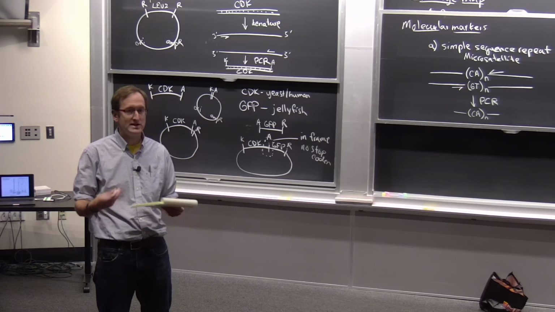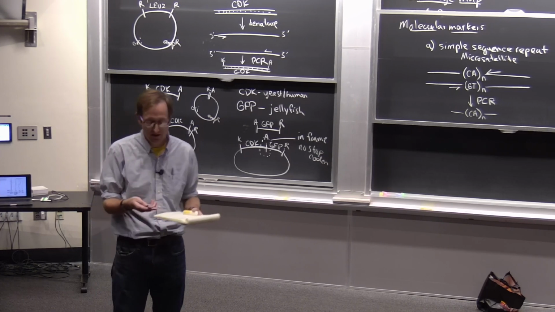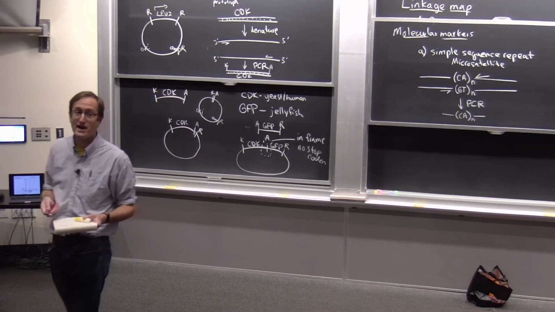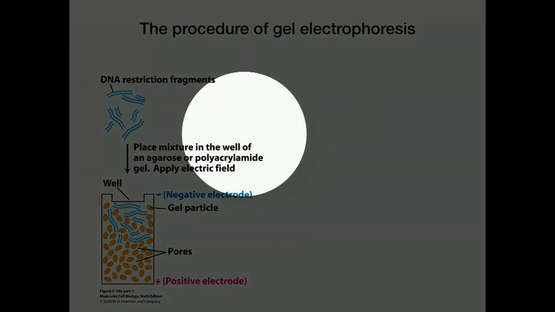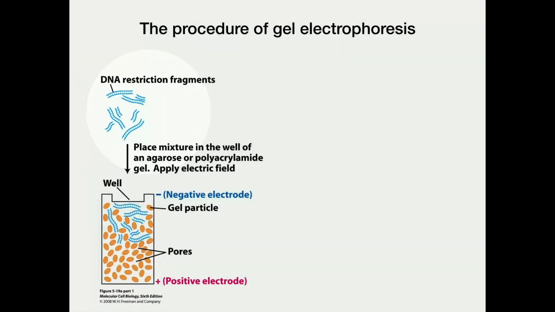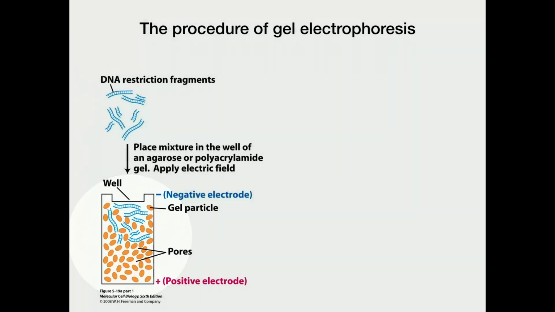So in that case, we need some sort of tool that enables us to determine the size of a particular DNA fragment. And so I'm going to just introduce to you one such tool, which is gel electrophoresis. And gel electrophoresis involves taking DNA that you've generated by either PCR or by cutting up DNA with a restriction enzyme and loading it in the well in a gel that has agarose, maybe it's composed of agarose.